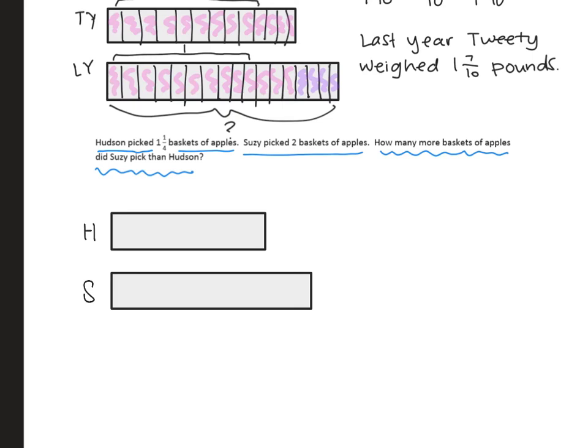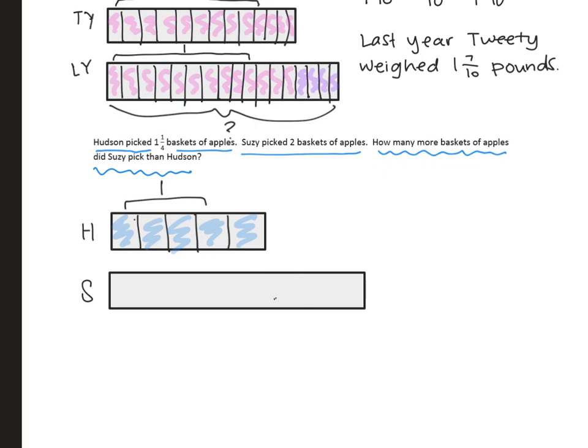So altogether I have 5/4 baskets of apples. So I'm going to draw 5 units, but I'm going to show 1 whole over 4 units. So I have 1, 2, 3, 4, 5, but I'm just going to show 1 whole right here. So Hudson picked 1 1/4. So this is 1 whole and then 1 more 4th.